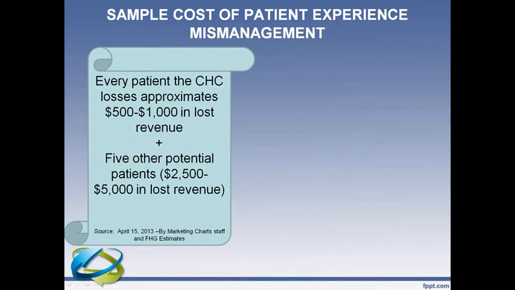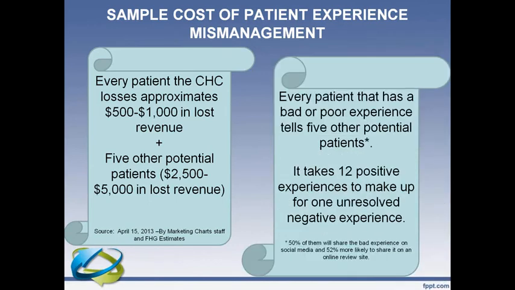This is based on some marketing information that's been out there. So it is significant to you. If you're going to spend money to market, put advertisements out, and send people out on outreach, and then we don't take care of them and keep them in the community clinic, this is the cost and the potential revenue that you're losing. If you're spending it on one end in marketing and then losing it on the other end, that's significant.